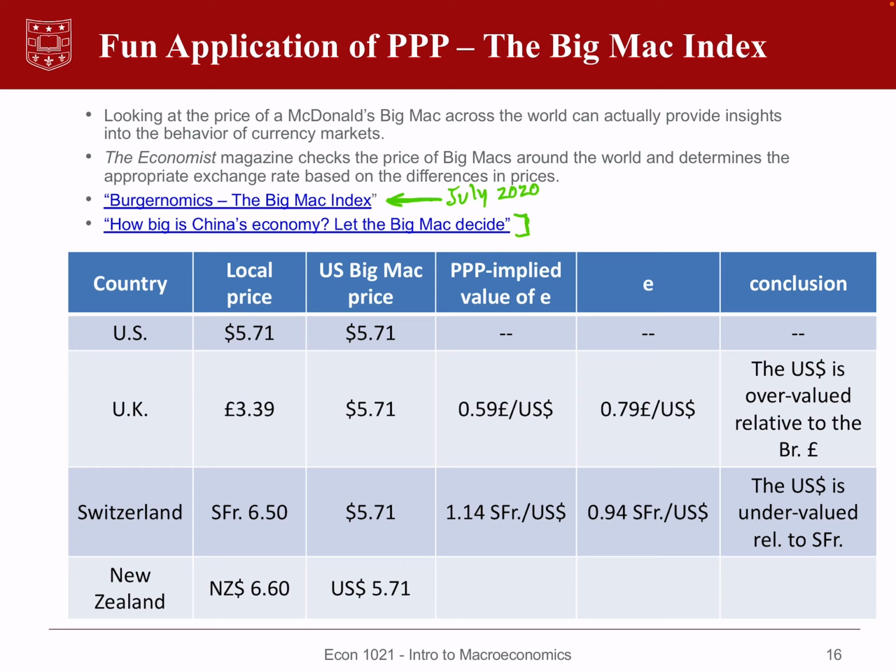So the purchasing power parity implied value of the exchange rate, again, we said the real exchange rate would be the price in the foreign country divided by the price in the US.